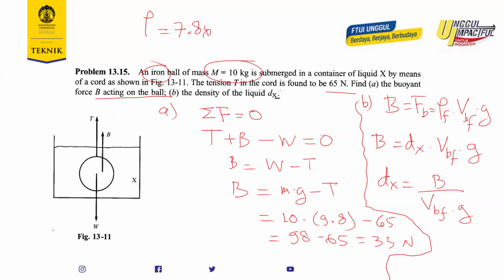7.86 times 10 to the power 3 kilograms per meter cubed. Okay, this is the density of iron, the object.